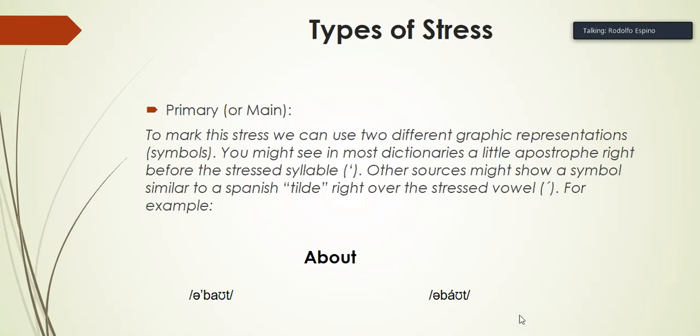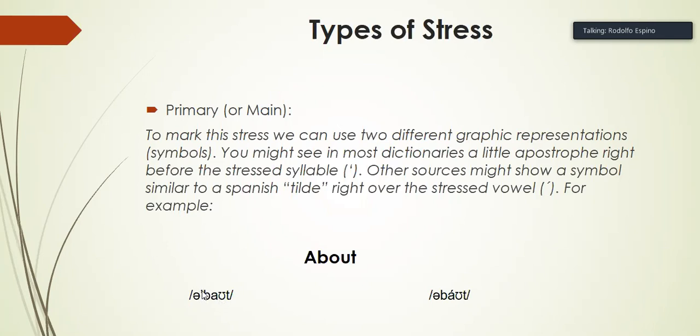Some people, as I said, have problems identifying the stress, but they will be able to find it in a dictionary, where they will be able to see these two possibilities. There's one which is like an apostrophe, on top, right before the stressed syllable.